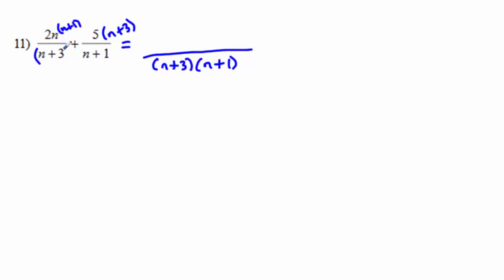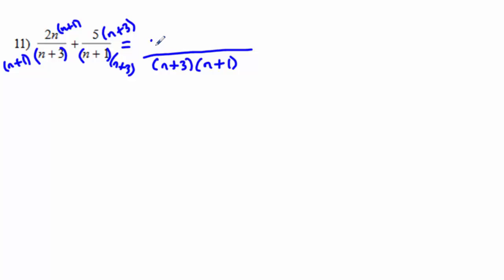So the first fraction has n plus 3 on bottom, which means we need an n plus 1. And so the rule is, what we do on the bottom, we have to do on the top. And then the n plus 1 needs an n plus 3 on top and bottom. So I kind of wrote that backwards, but we're multiplying by n plus 1 on the first fraction and n plus 3 on the second one, which means we're going to have to distribute on top of each fraction.